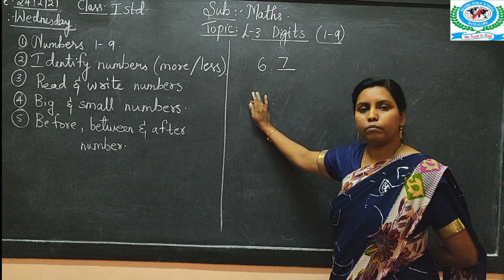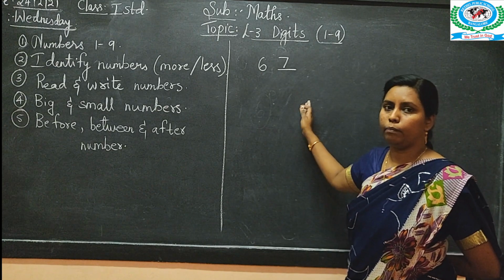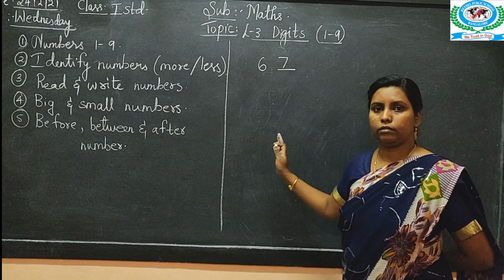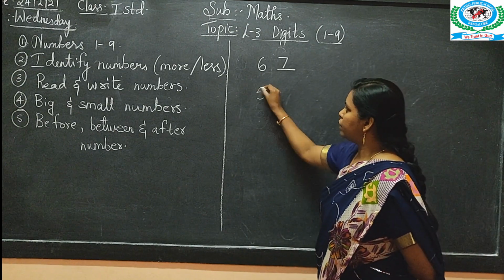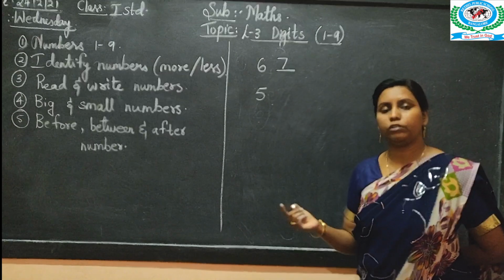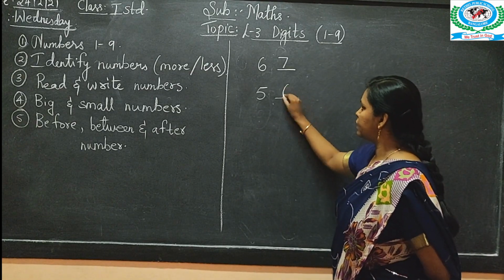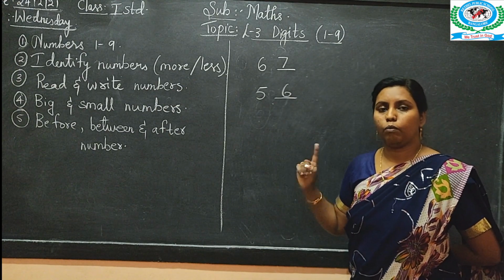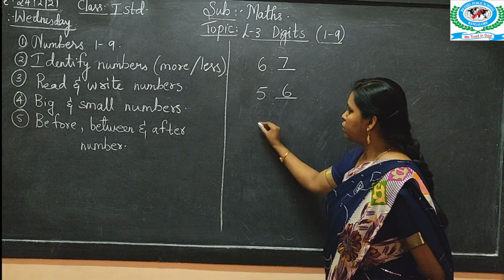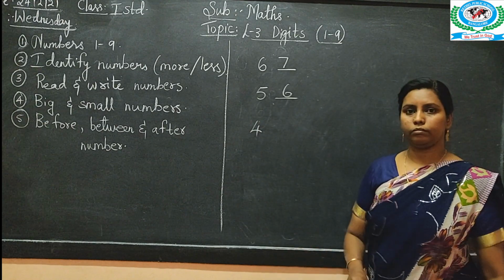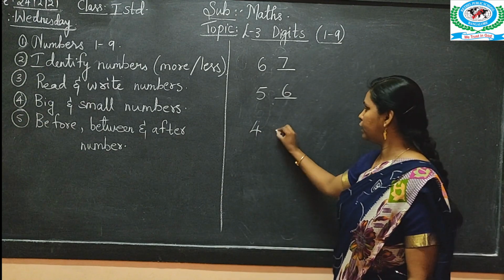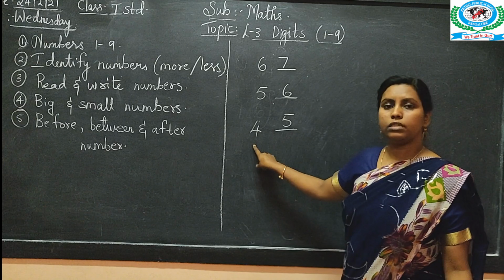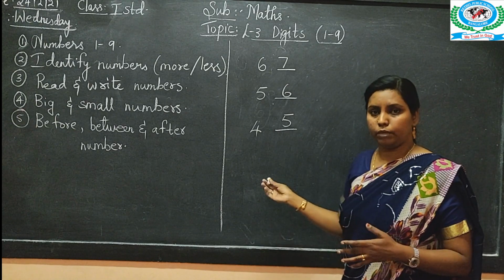If you add one to the given number, you will get the number after it. Suppose I give you 5, what is the number after 5? It is 6. You are adding 1 to 5. Suppose I give you 4. What is the next number after that? It is 5. Just add 1 to 4 and you will get the next number.